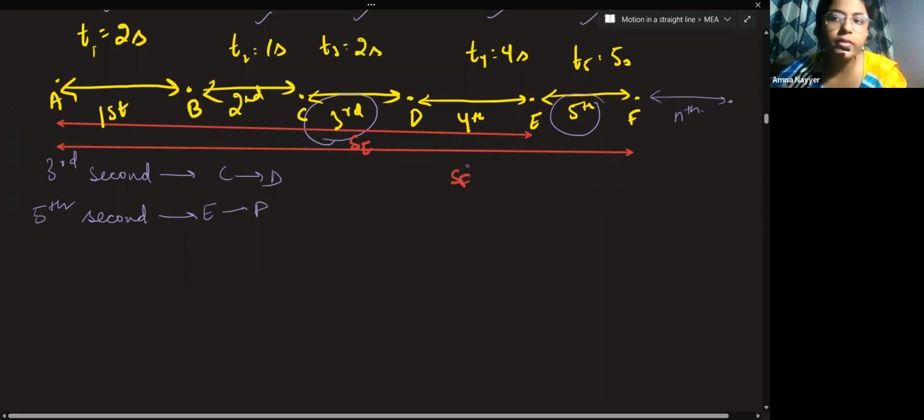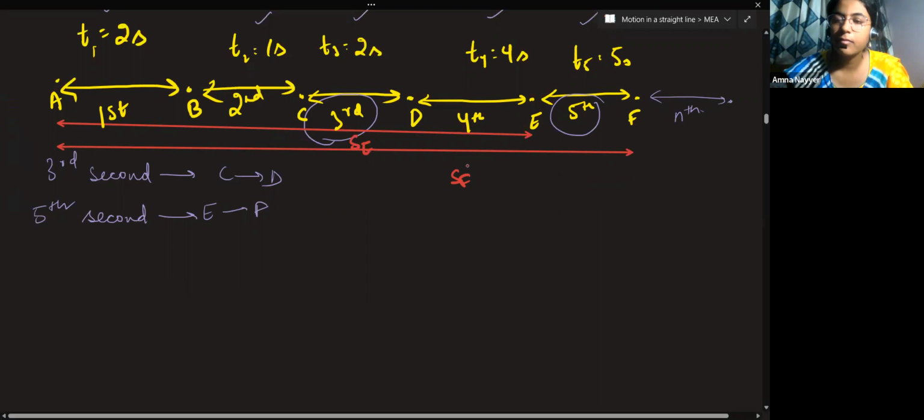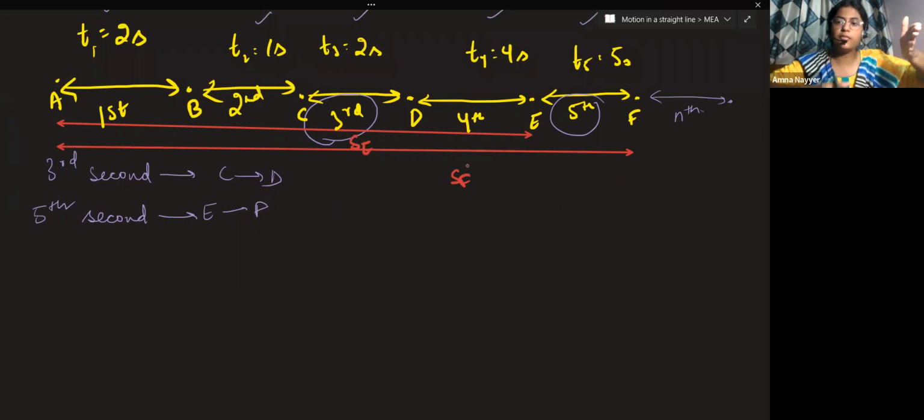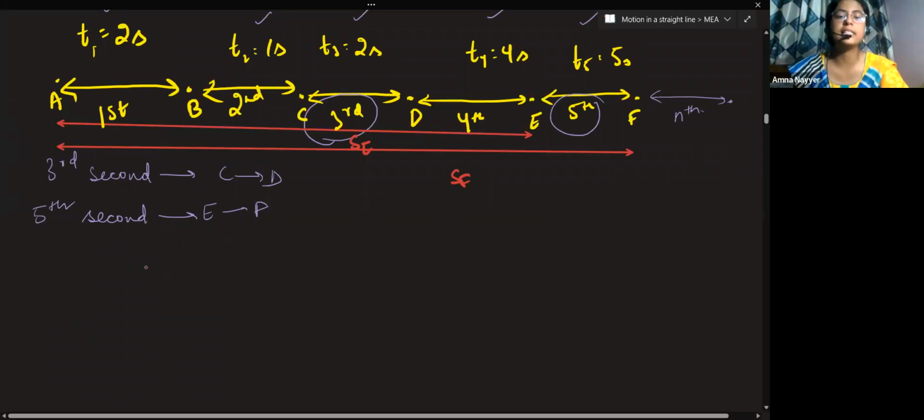Now can any one of you tell me what should be the displacement between E and F? Total displacement from A to F is SF. Displacement from A to E is SE. So what should be this distance, this much distance? Yes, exactly. That is SF.